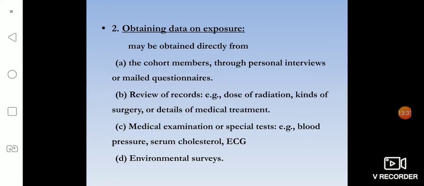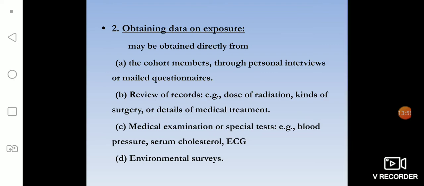So coming to the second element, that is obtaining data on exposure. It may be obtained directly from the cohort members through interviews or by mailed questionnaires. Second, we review the records, that is dosage of radiation, kinds of surgery, or details of medical treatment received by these people.